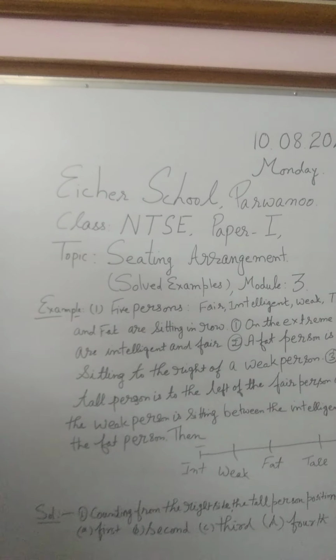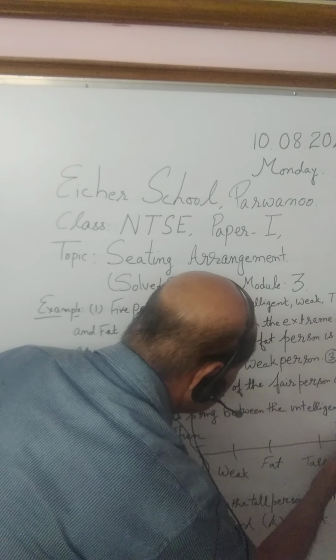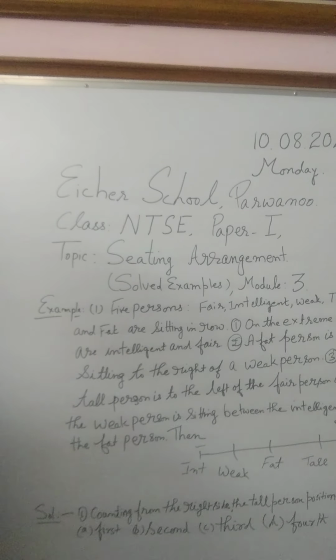Now I will come to the question that counting from the right side, the tall person position will be, if I start from right, that is from this side, where? Options are first, second, third and fourth.